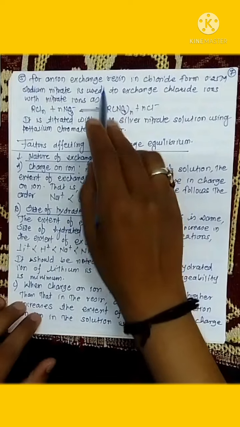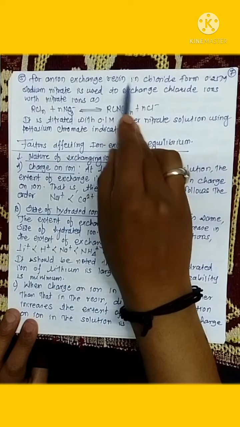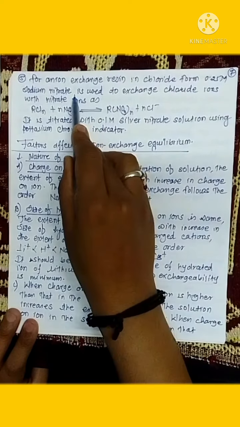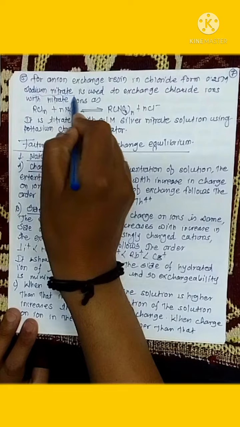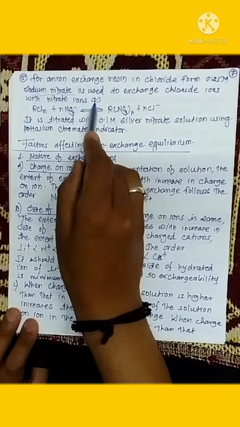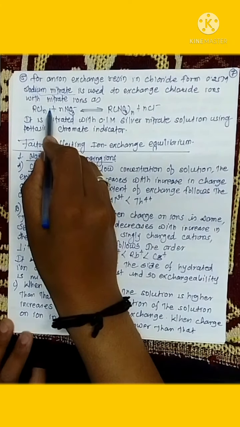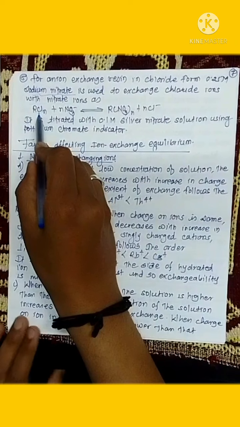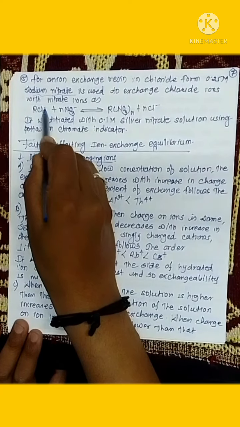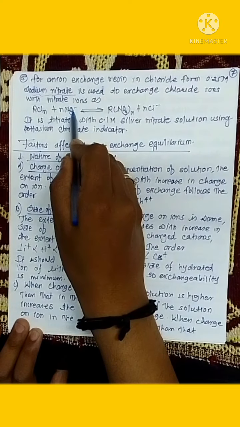For anion exchange resin in chloride form, 0.5 molar sodium nitrate is used to exchange chloride ions with nitrate ions. So basically, for anion exchange, a resin which has chloride associated with it is taken, and your solution contains nitrate.